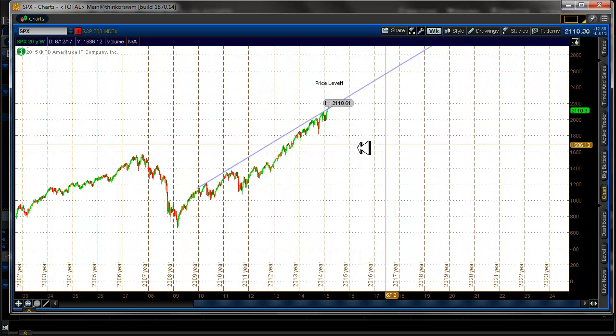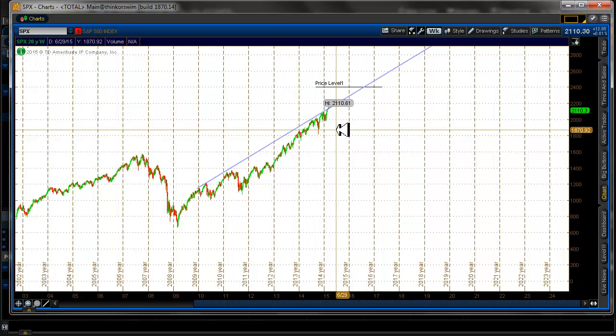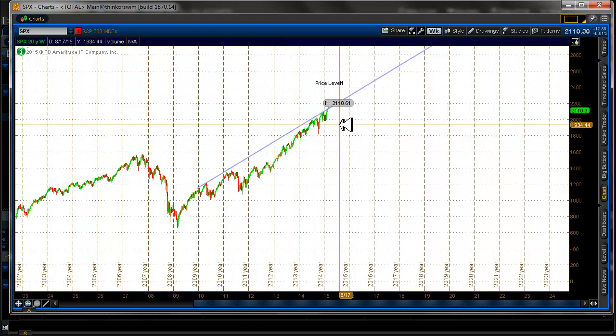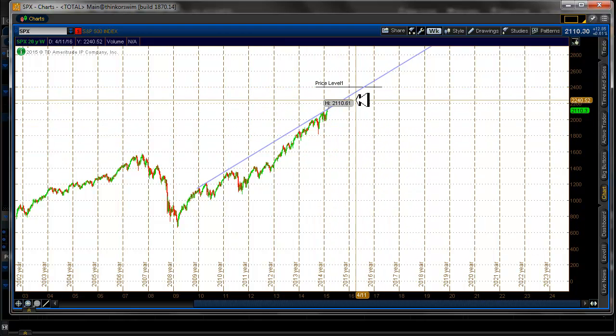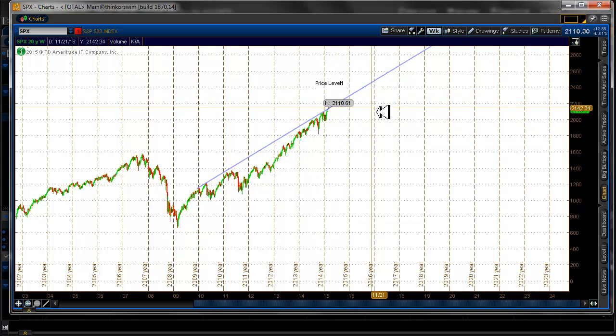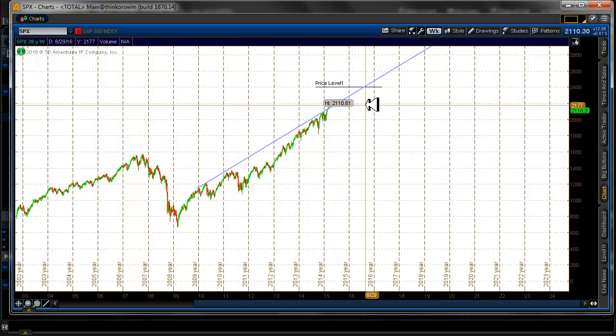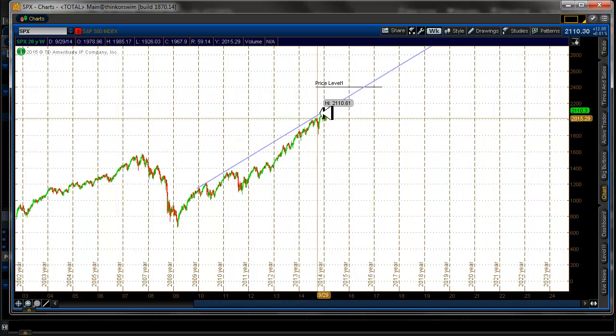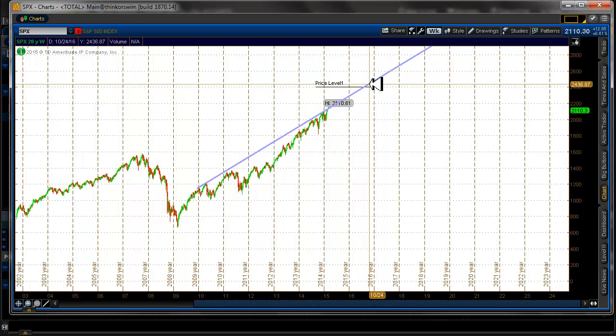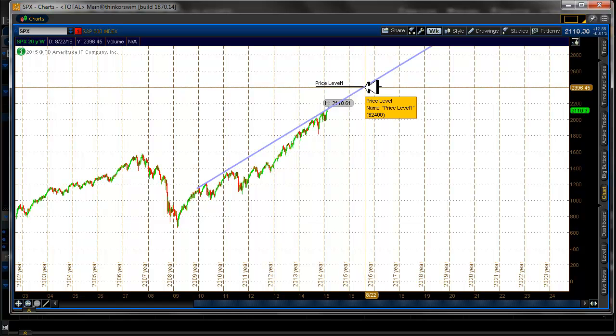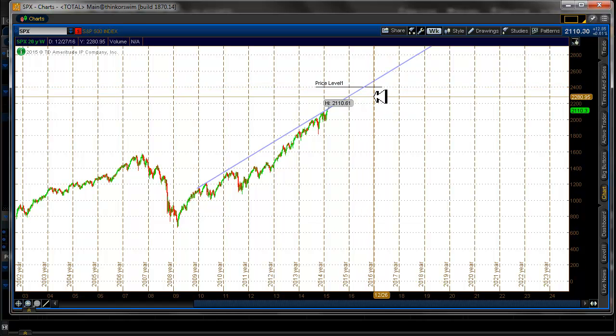I don't know. Maybe they want to use bitcoins. Do you think that's going to be a good thing for the market? I don't know. What if there's a big terrorist attack in the U.S. or someplace else? What if Greece defaults? I mean, there's so many things that could happen here to interrupt this trend that's going to maybe bend it and bring it down to a different date.